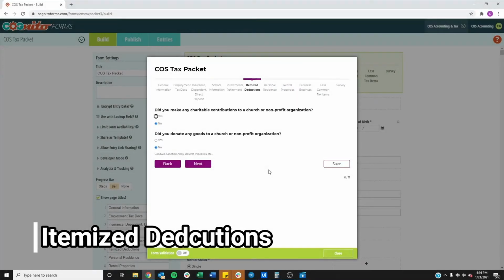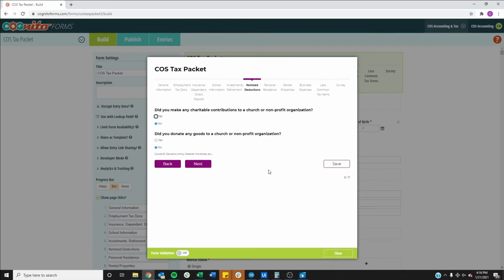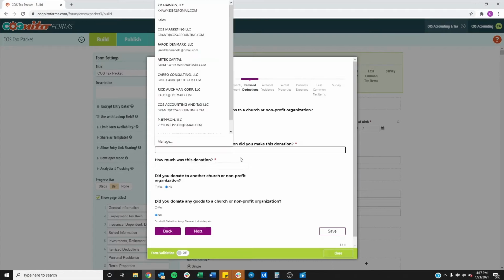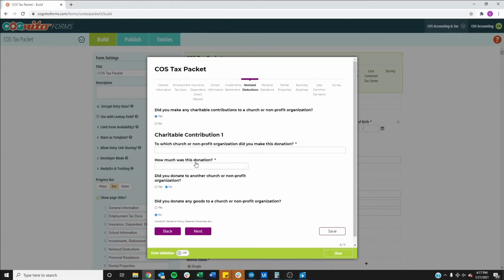This section covers itemized deductions of the online tax packet, which really only covers two sections of the itemized deductions: charitable contributions to a church or nonprofit, or donation of any goods. The rest of the things that go on itemized deductions we'll be able to pull from different parts of your tax packet. But if you did make any charitable contributions to a church or nonprofit organization, you're able to put whatever church or nonprofit you made the donation to, and how much the donation was.